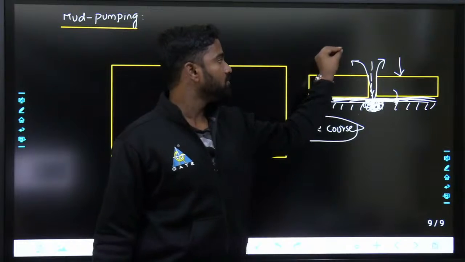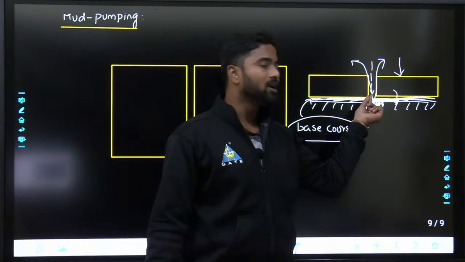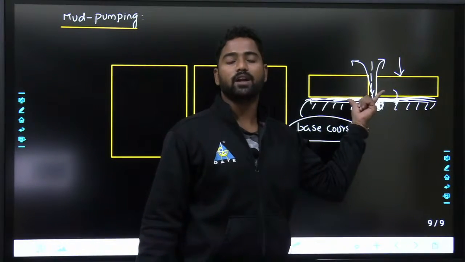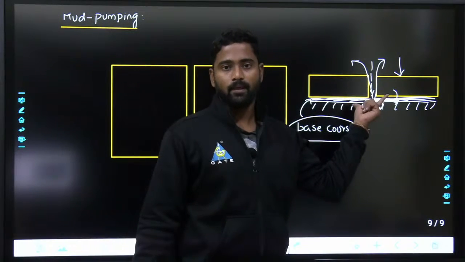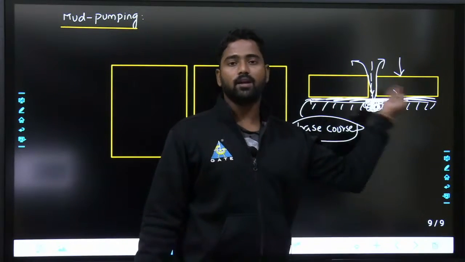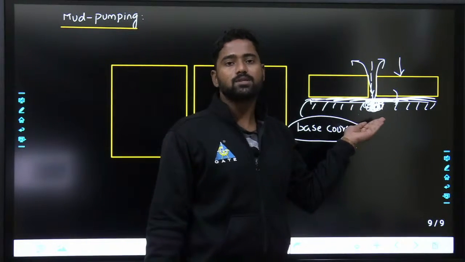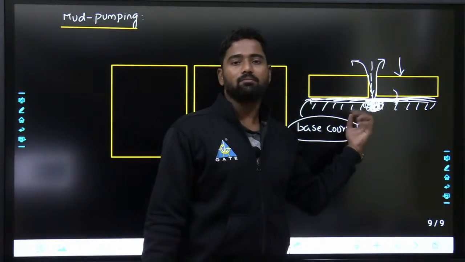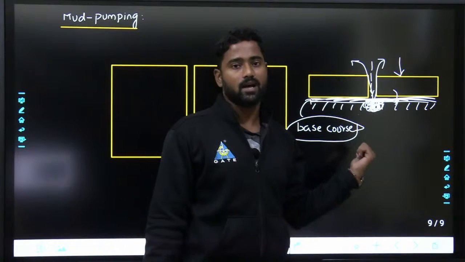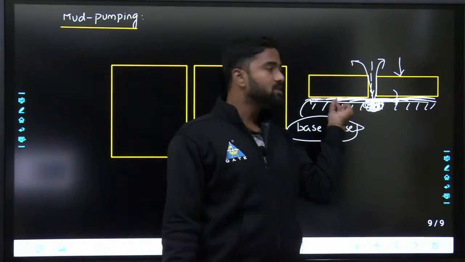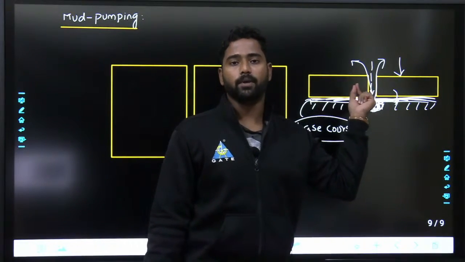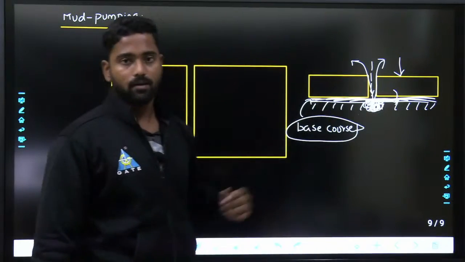Whenever the water passes, it will be taken by the base course and it can be used for drainage purpose also. Either it will be drained or only a small amount of water will go downwards, and that can be easily taken by the subgrade. That is the idea. So base course prevents mud pumping. That is the meaning of mud pumping.